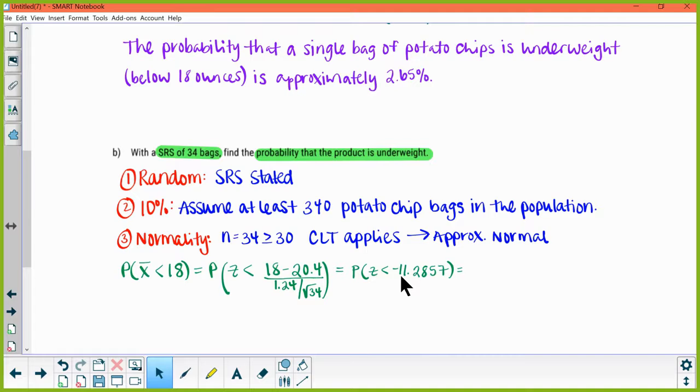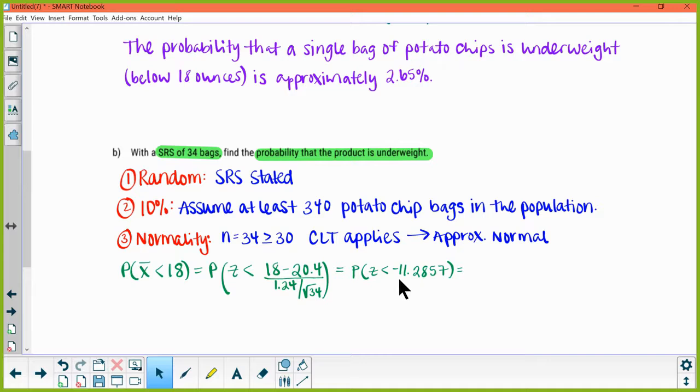Before we move on and get the magic number we need for probability, I want you to take note of how small this z-score value is. Remember that within 3 standard deviations, I'm capturing about 99.7% of all possible samples. So for me to go out 11 standard deviations, I'm not expecting the probability to be anything but 0, because there's going to be nothing left over by the time I get out to 11.